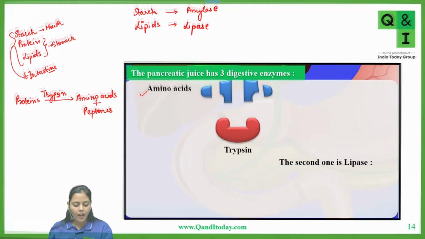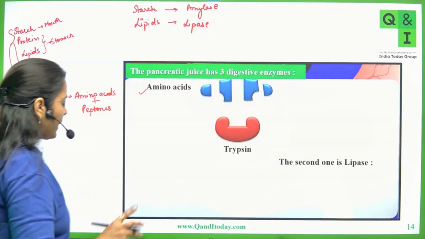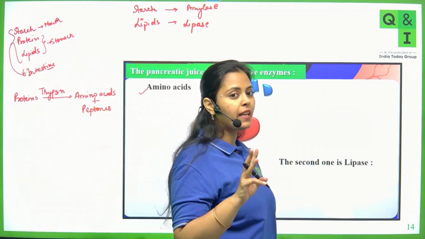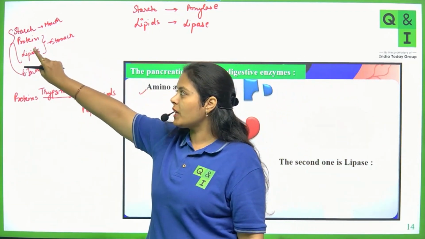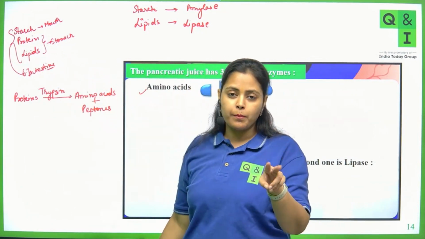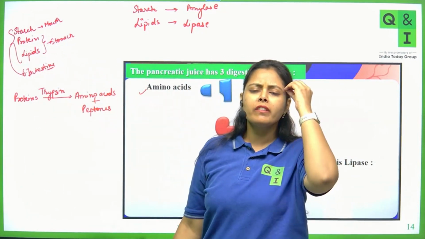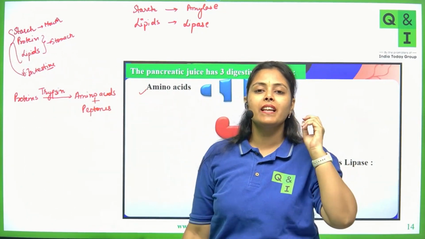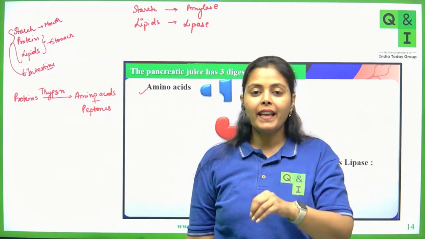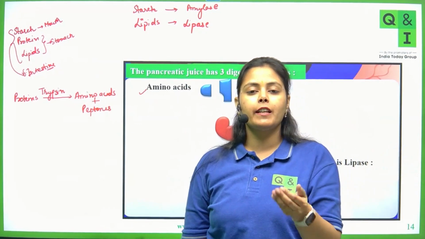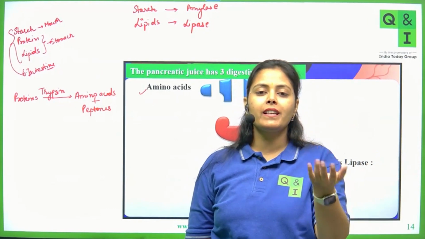So right now, coming again to the point I had told you, that you need to memorize three particular molecules: starch, proteins, lipids. Out of them, starch and lipids are always digested by amylase and lipase. That means no more enzymes for these. Depending on the location where they are secreted, if they are present in saliva, you call it salivary amylase.